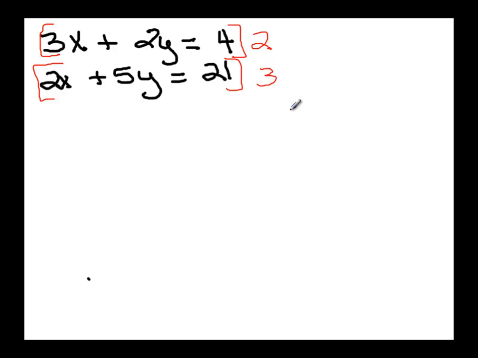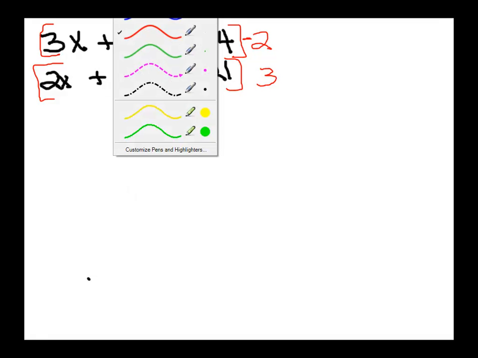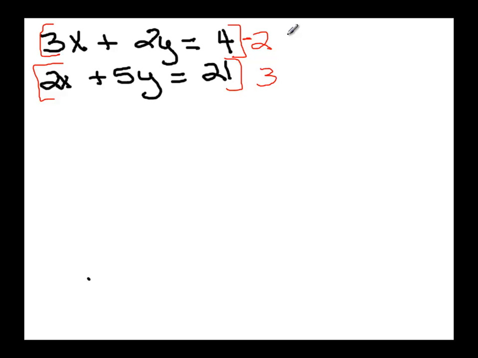Well, the problem with doing that is then they'll both be a positive 6. I need one of these equations to be a negative. And it doesn't matter which of these equations I do that with, so I'm going to make this top one a negative 2. Then I'm just going to multiply everything through by that negative 2.